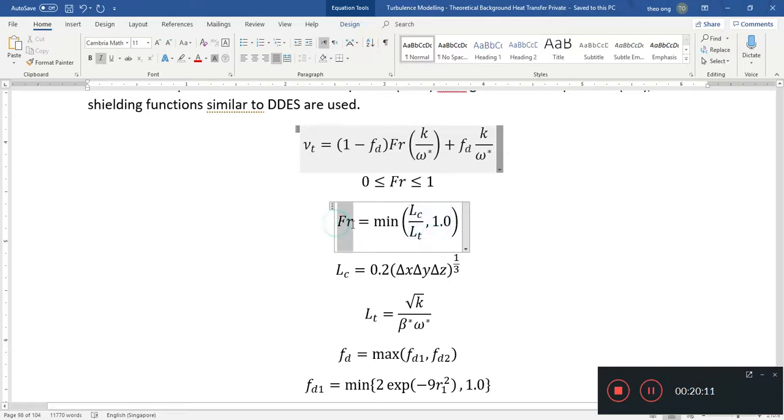It is the minimum of L_C over L_T. L_C is the characteristic length of the cell, a cube root volume, hopefully you're familiar, with a model constant in front. L_T is the characteristic turbulence length scale, which should be somewhat of a mixing length.